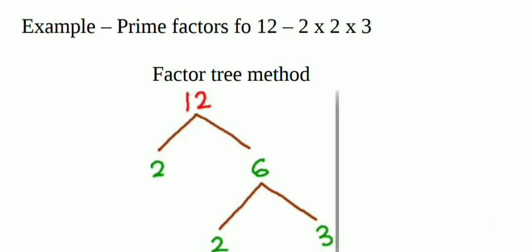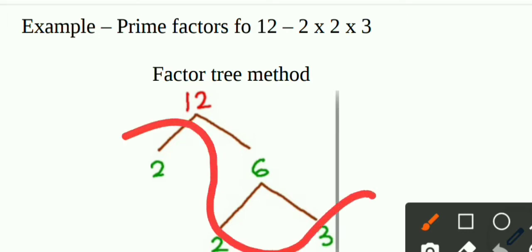How did you get this? We have to do the factor tree method or the division method. Now what is the factor tree method? Come, let's see. For 12, 2 into 6 is 12. Now 2 into 3 is 6. Here the prime numbers are only 2, 2 and 3.